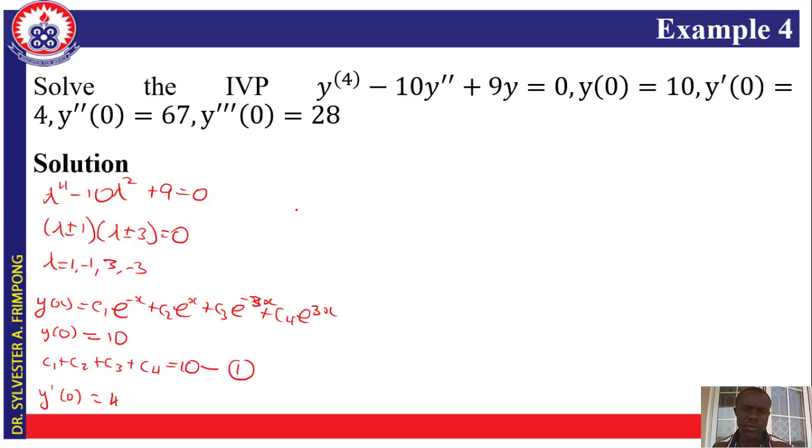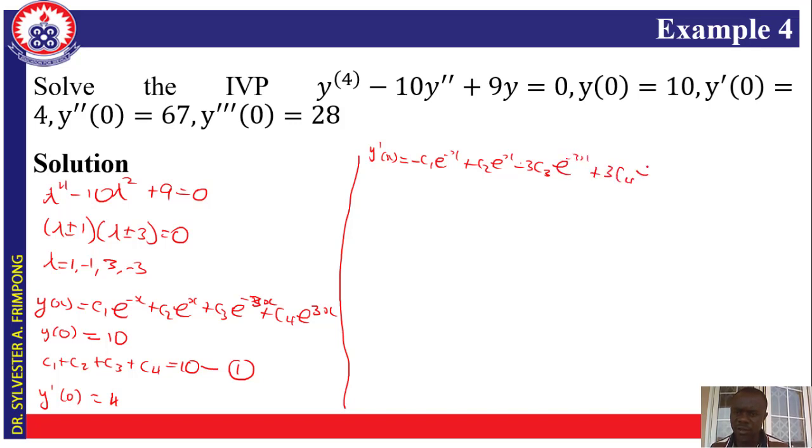In that case, we also need to take the derivative of the general solution. So y prime of x is going to give us negative c1 e raised to the power negative x plus c2 e raised to the power x minus 3c3 e raised to the power negative 3x plus 3c4 e raised to the power 3x.